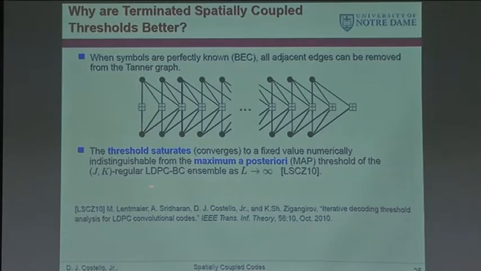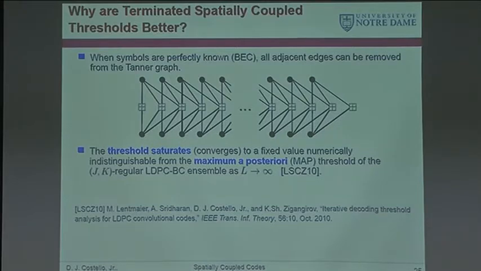Now this saturation, the number that this threshold saturates to, I haven't mentioned this before, actually turns out to be the MAP threshold of the underlying regular ensemble. Remember, we showed a couple of those pictures yesterday, and we have a couple here too, where we show the BP threshold and the MAP threshold, the threshold for MAP decoding, or ML decoding.